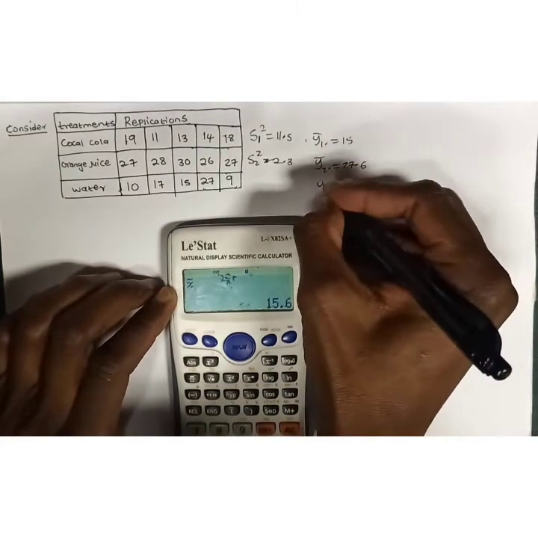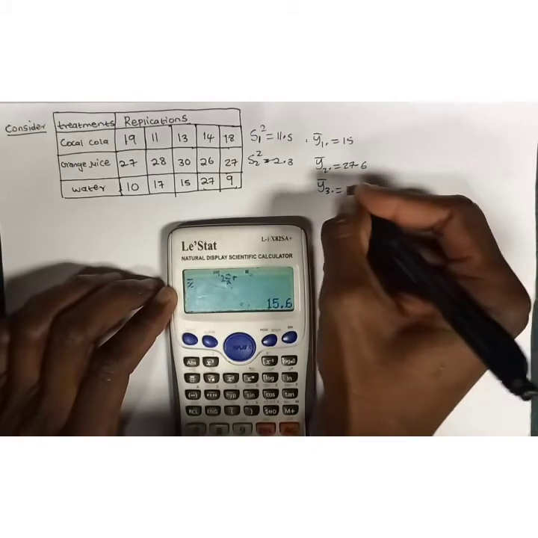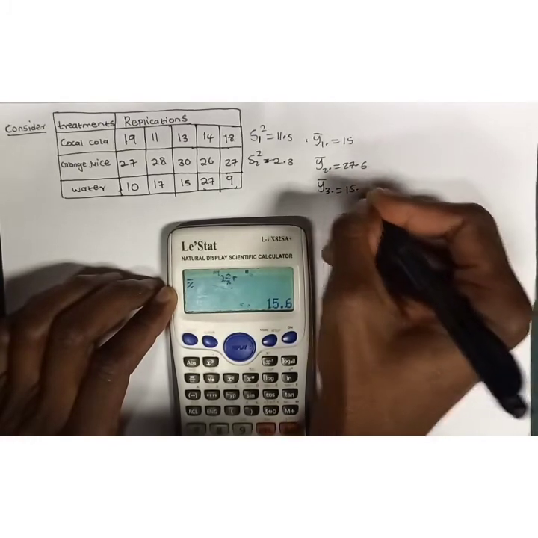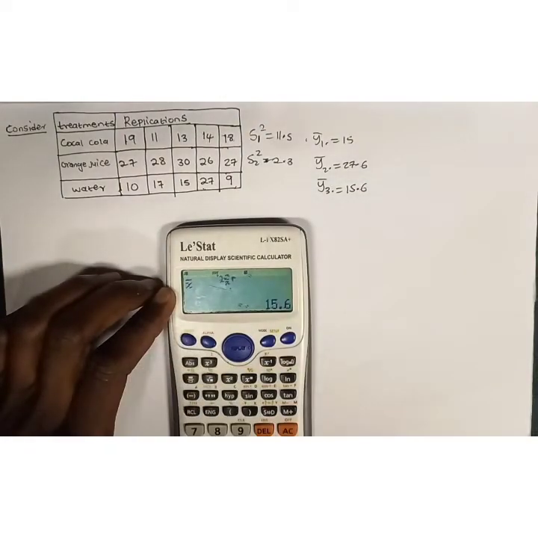So the mean for the third treatment here is given by 15.6.